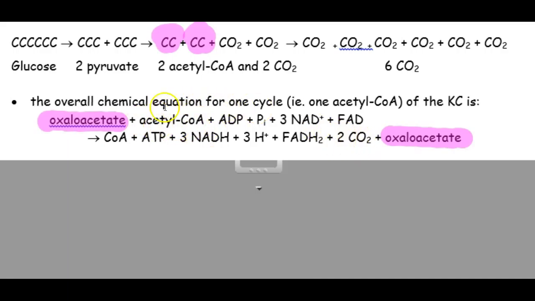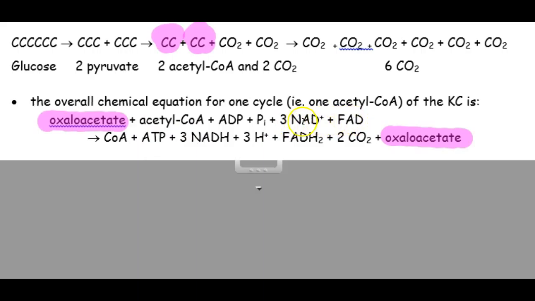So this whole equation is actually just one turn of the cycle for one acetyl coenzyme A. Remember that I am starting this process with 2 acetyl coenzyme A, so that would require 2 turns of the Krebs cycle. Okay, so I'm going to start with an ADP, and I'm going to phosphorylate it through the process of the Krebs cycle in order to produce an ATP.